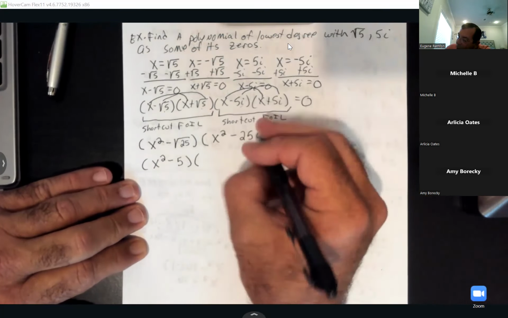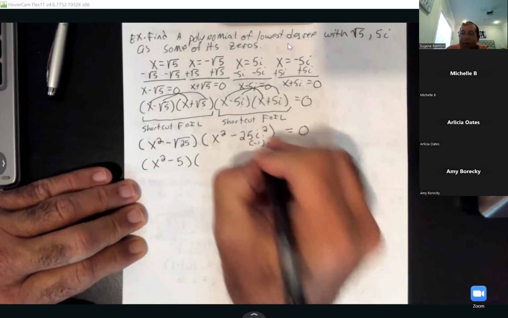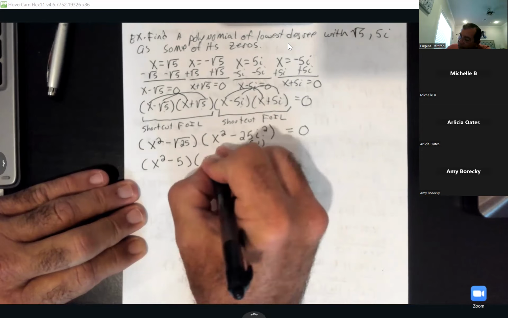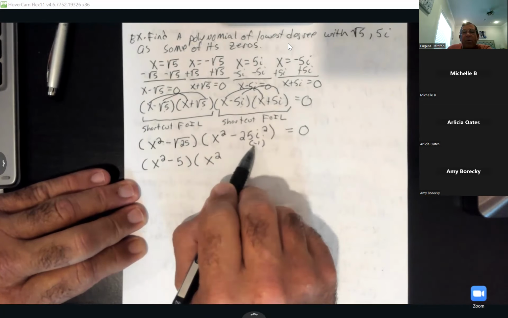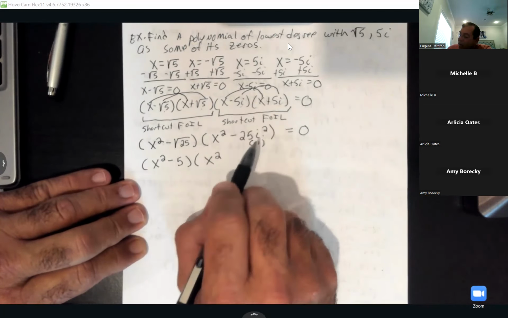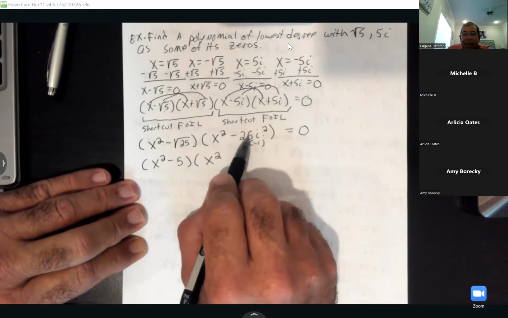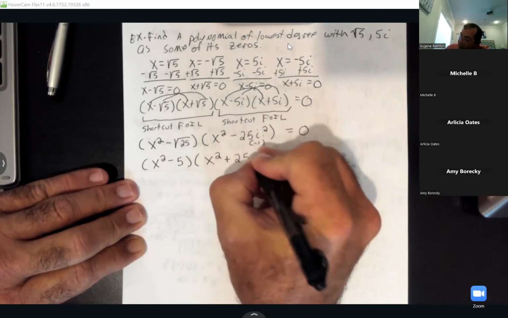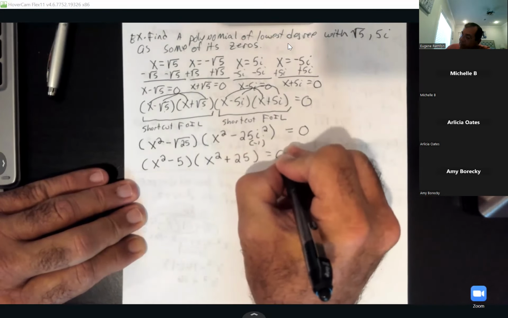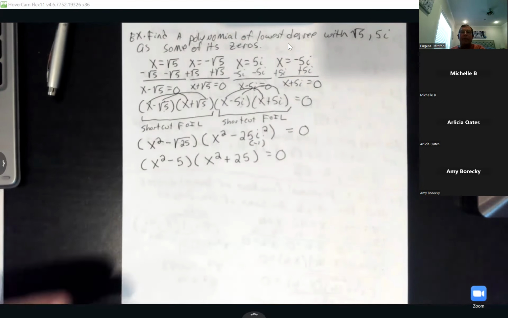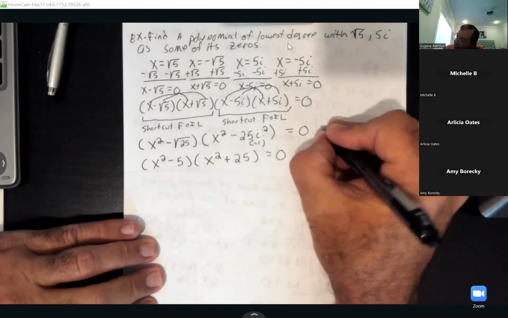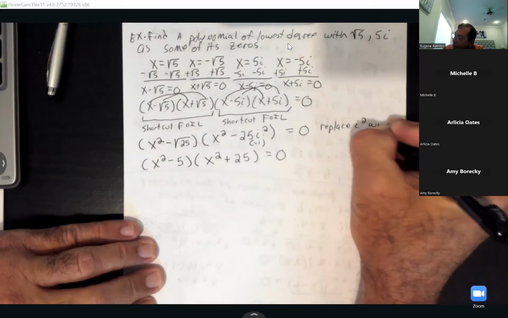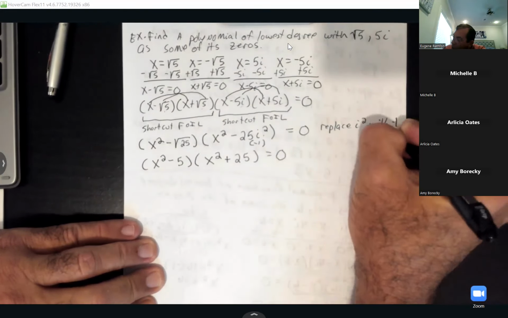Y'all said the i squared equaled a negative 1. So bring down that x squared. That negative 1 that we're replacing that i squared with, that negative 1 times negative 25, we'll make that a positive 25. So just remember, at this point, I'm replacing i squared with negative 1, okay?